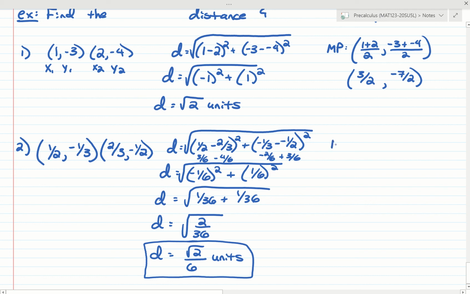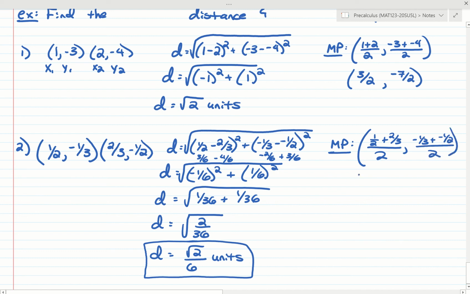It's not that big of a deal. Midpoint, what this is going to be is we're going to have to add them up and divide by 2. So we're going to have 1/2 plus 2/3 divided by 2, and then negative 1/3 plus negative 1/2, divided by 2.